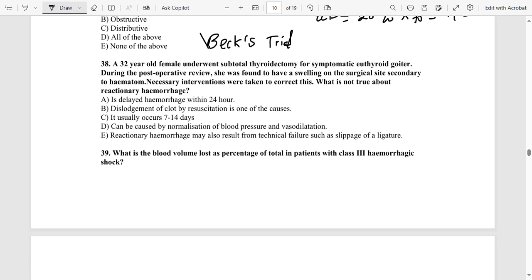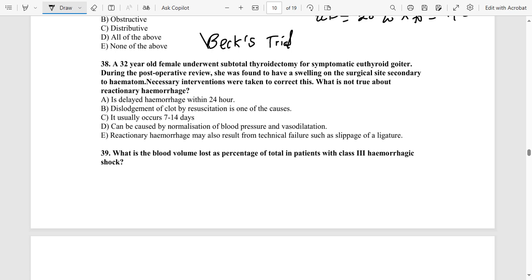But then maybe during resuscitation, or coughing, you end up pressing on these clots and then you dislodge them. That can trigger bleeding, because you've removed the clot that was protecting the area.